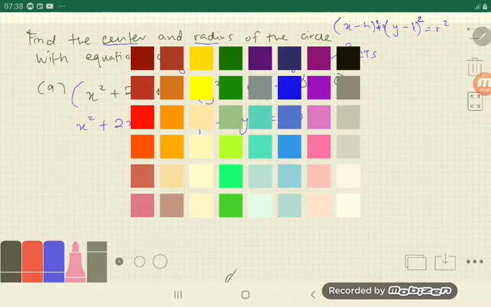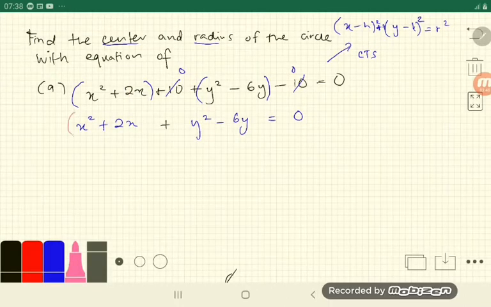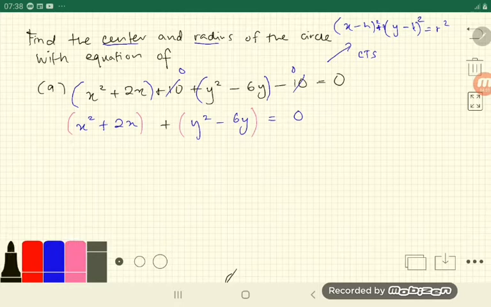In this case, we are dealing with two groups, and we are going to do the completing the square for both. Let us start with the first one. Since the coefficient of x squared is already 1, immediately we can start completing the square.